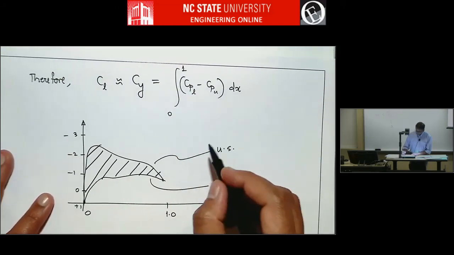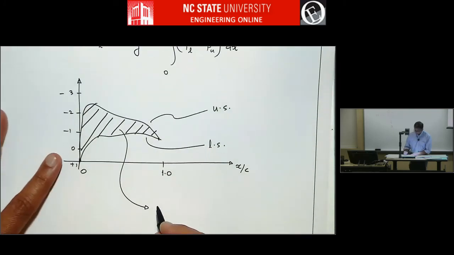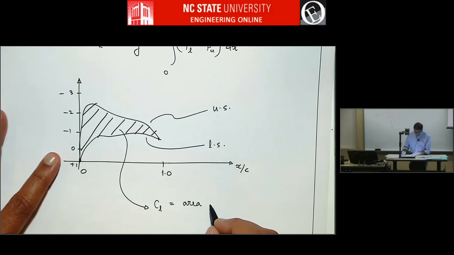So CL equals the area inside the CP versus x over c plot for some angle of attack.